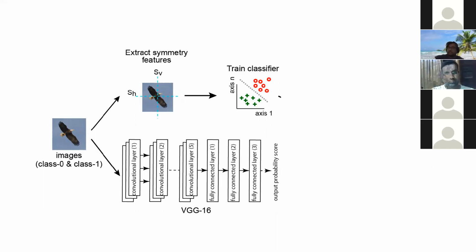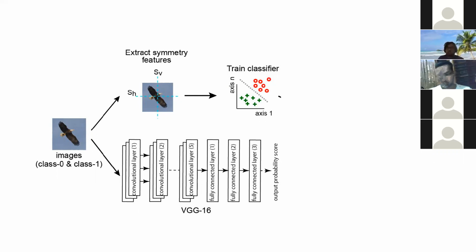Again, the same image you pass through our symmetry feature extraction module, which is essentially what I showed you before with SV and SH. But instead of only two axes, we computed symmetry along multiple axes because we didn't have control over all the object viewpoints that were there in ImageNet.